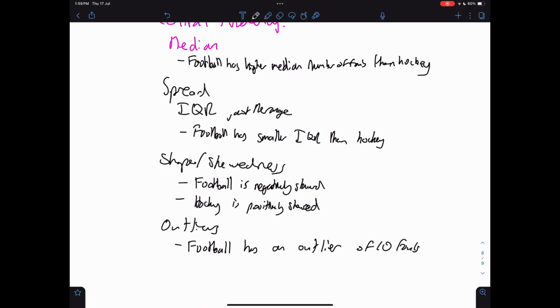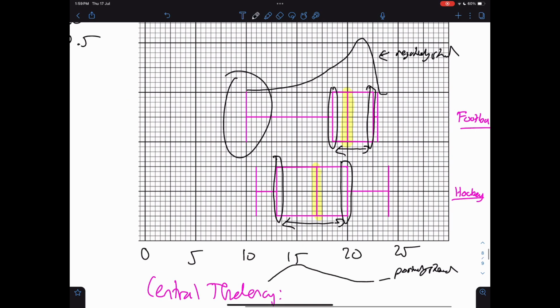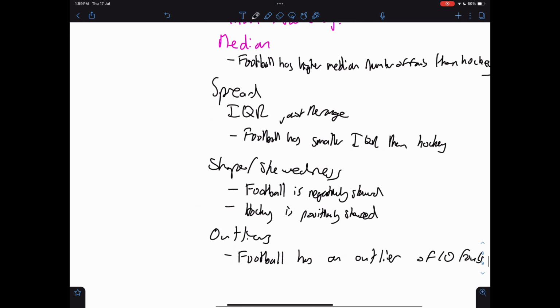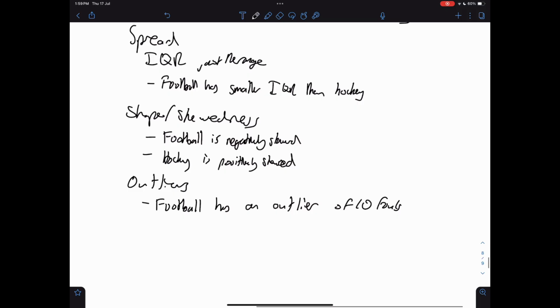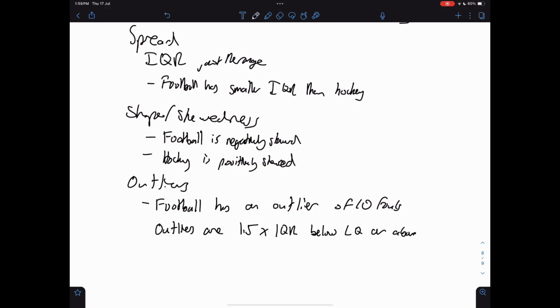And obviously this is pretty obvious, but for something to be an outlier, outliers are 1.5 times the IQR below the lower quartile or above the upper quartile. And this is called outside inner fences.